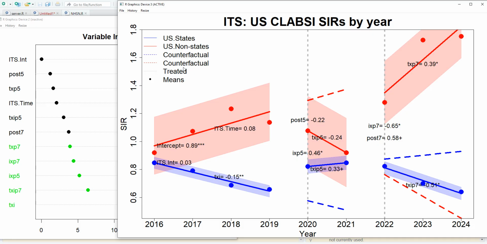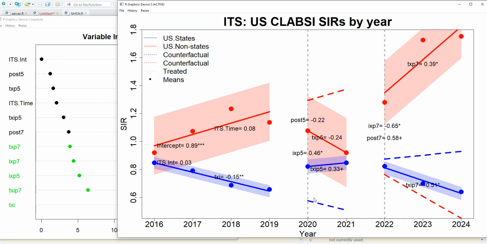If you look in the top left of the legend, you can see that there's a counterfactual for our non-U.S. states, that dashed red line. So had our non-U.S. states maintained that same trend, we would have expected it to be about 1.3 at 2020. And for our intervention group, if they would have maintained that same trend, we would have expected it to be at about 0.6 in the year 2020.